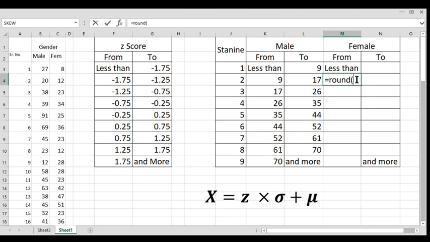Here the X that is to be found for the starting point of second stenine corresponds to minus 1.75 Z, and minus 1.75 Z is written in F4. So we write here F4, that it is to be multiplied by the standard deviation of female, and standard deviation of female is found in C54.